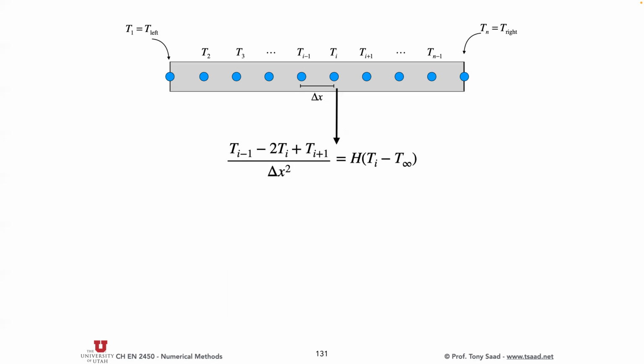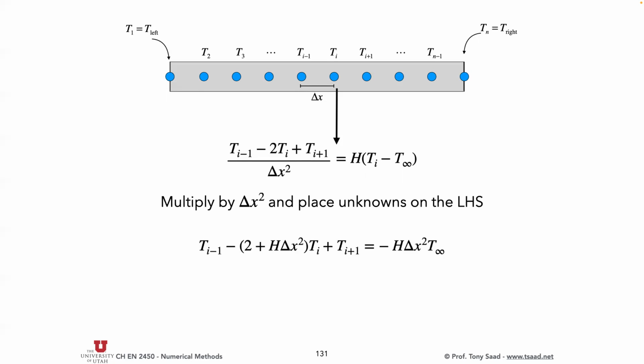I'm going to rearrange things a little bit. Like we always do, we put the unknowns on the left-hand side and what we know on the right-hand side. So I'm going to multiply by delta x squared and place the unknowns on the left-hand side and what we know on the right-hand side. So you get on the left-hand side, delta x squared times hT infinity, right? So you get that number. And then you multiply by a negative sign. Oh, hold on.